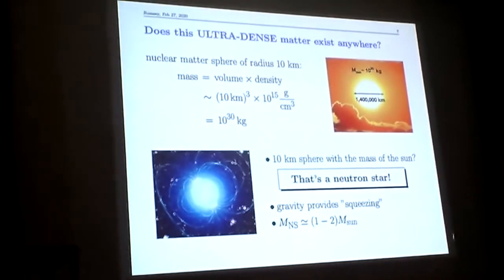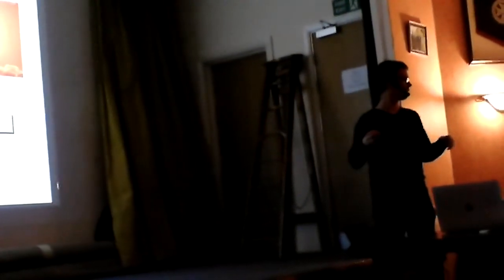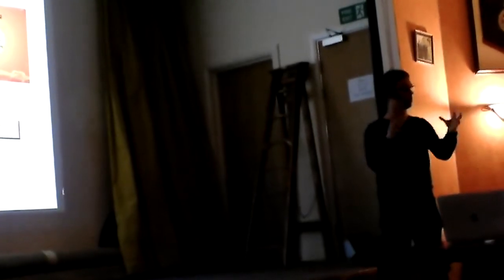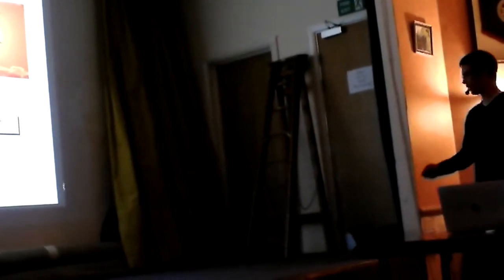You need a huge amount of energy. But in an astrophysical setting, what gives us the force that compresses matter is gravity. Right? You put this matter in a small region, and gravity then is strong enough to compress this to this incredibly dense matter, or nuclear matter, as I call it.